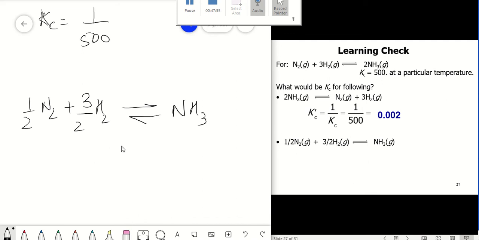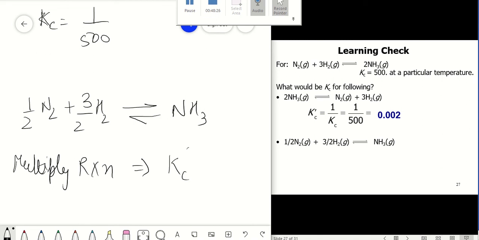What is the difference between this reaction and what's given to us? We just multiplied the reaction by half. Everything has been multiplied by half: instead of 1, it's 1/2; instead of 3, it's 3/2; instead of 2 ammonia, it's 1, half of that. So if we multiply this reaction by half, we get this reaction. If we multiply a reaction, what's the rule? What happens to Kc?